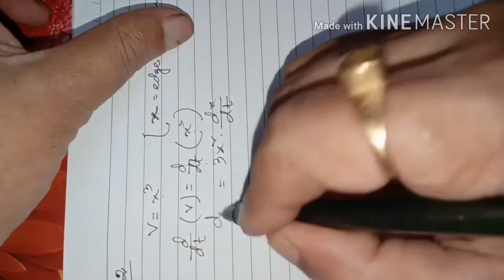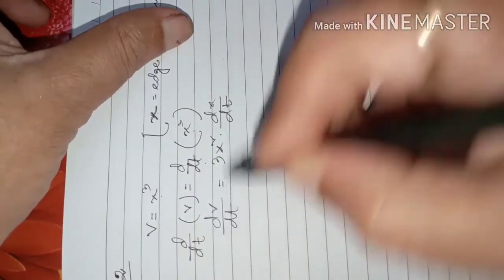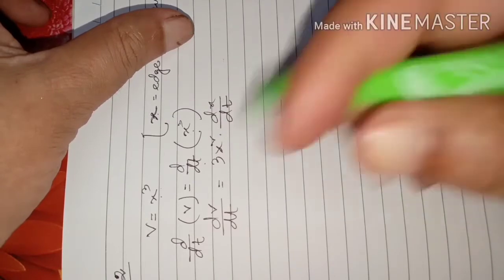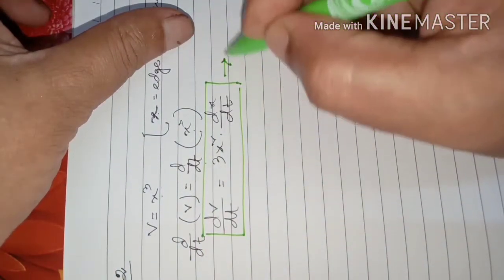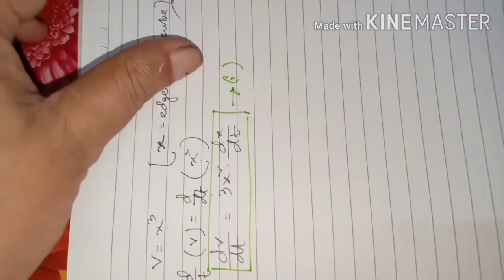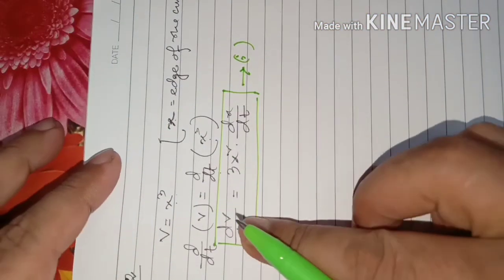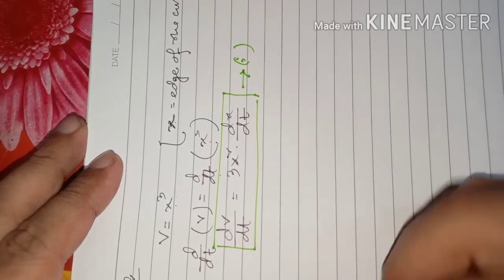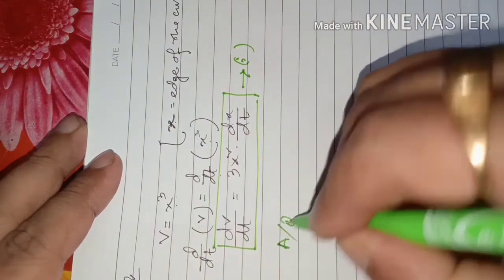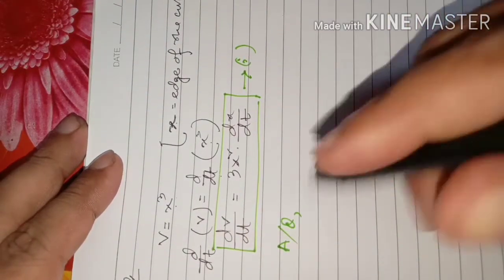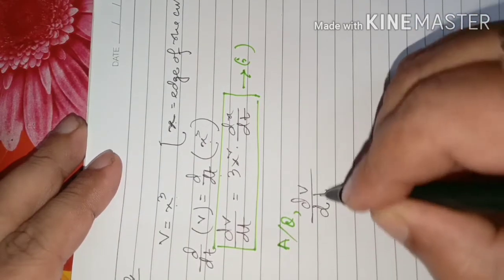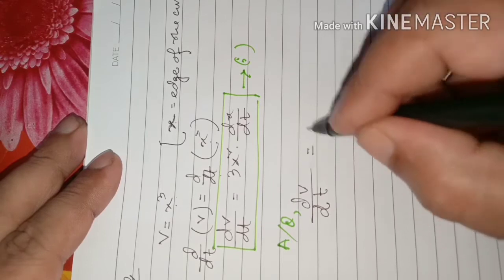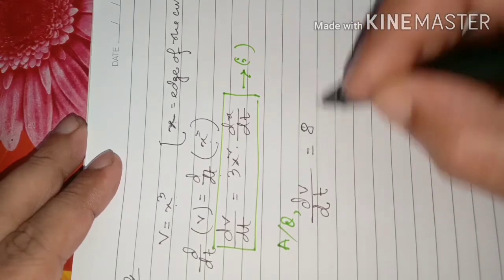So dV by dt is equal to 3x square into dx by dt. This is the derivative of the volume with respect to time. According to the question, this dV by dt, the rate of change of volume with respect to time, is 8 centimeter cube per second.